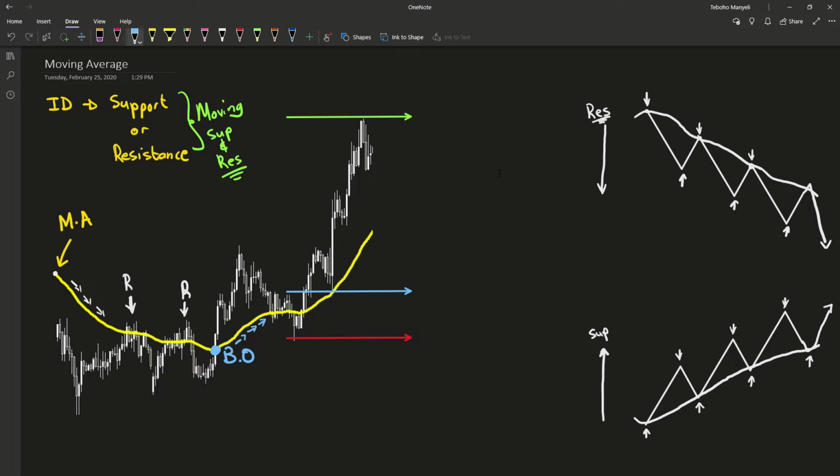Now the market gets there and finds a support instead of finding a resistance. It tries to move up a bit here and then comes back down and finds a support again over there. Okay, so now the same yellow line that used to act as an agent of resistance is now acting as an agent of support. It's identifying supports.